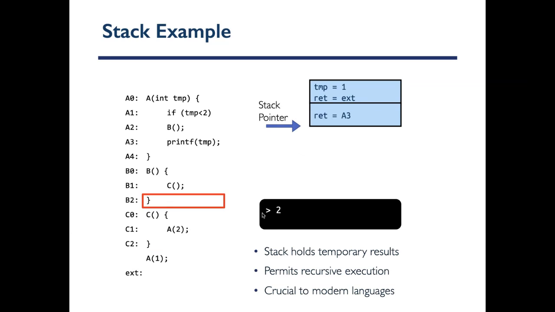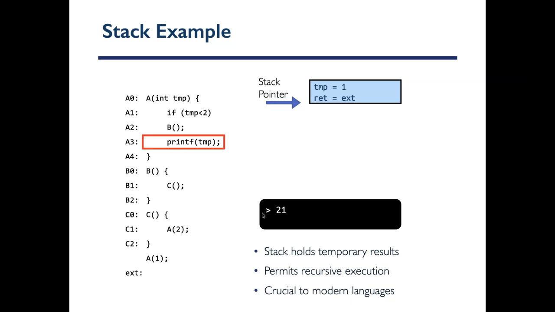Well, B2 is again a return instruction. We're going to come out of B. And then where are we going to go? We look at the top of the stack for a return address. And that is A3. So we're now going to go to A3. We have a print temp. OK, what is temp? We're going to look at the stack to see what temp is. Temp is 1.